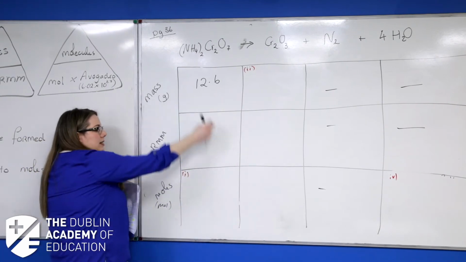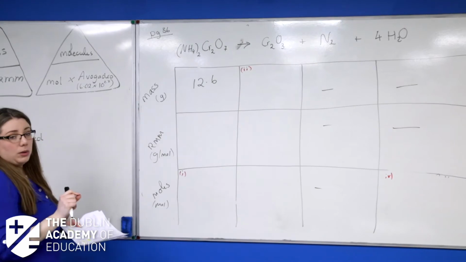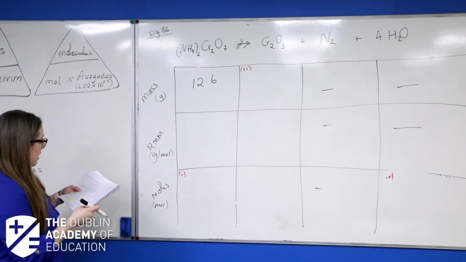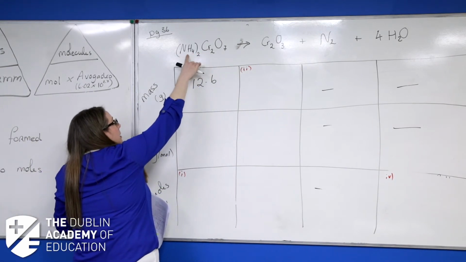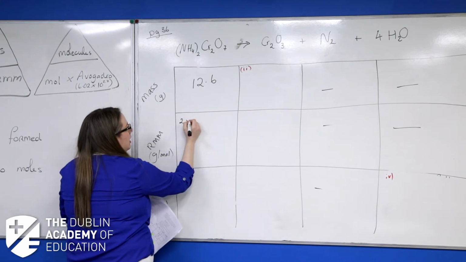Now, to get from here to here, you need the RMM first. Now, this one in particular, please show your workings. It is not the nicest one, and it's very easy to make a very simple mistake here. Now, for the RMM, that 2 multiplies everything in here by 2. So your nitrogen has a mass of 14, and there's 2 of them.